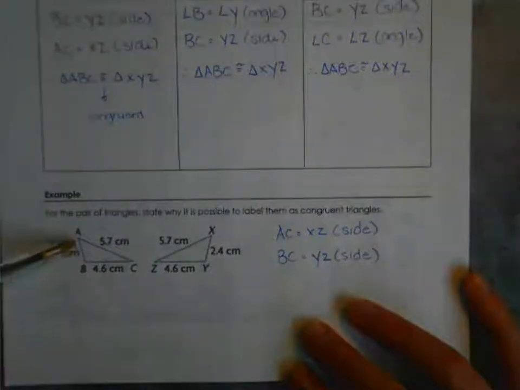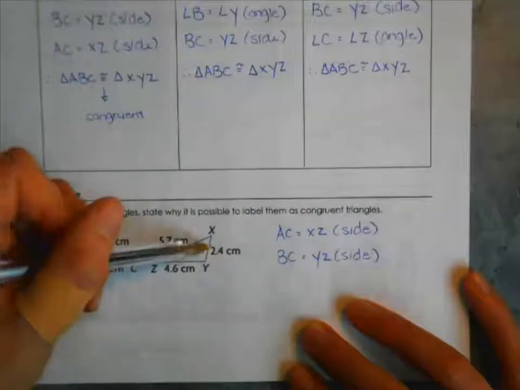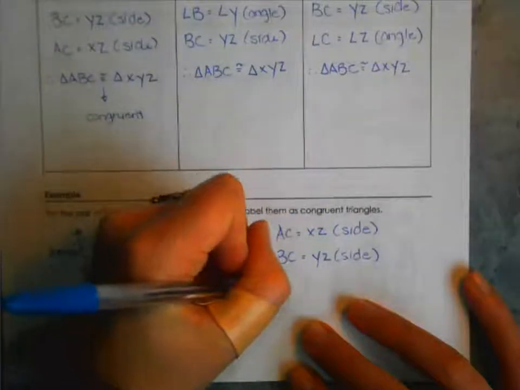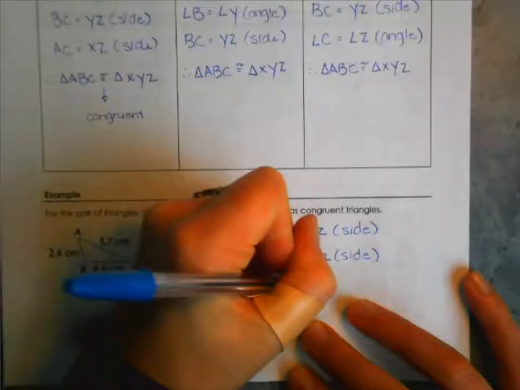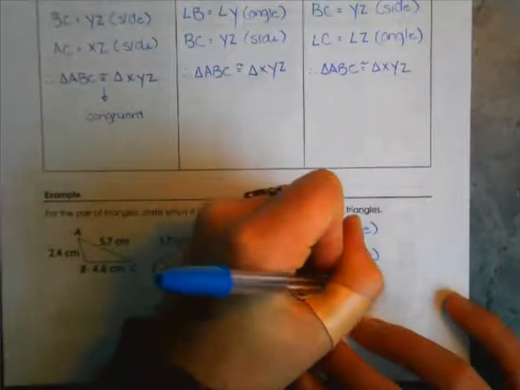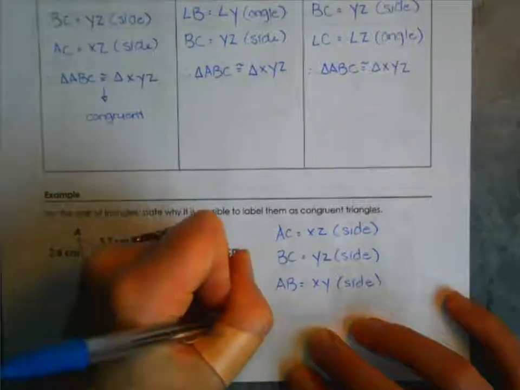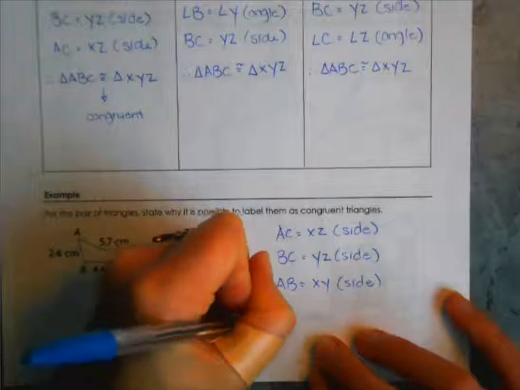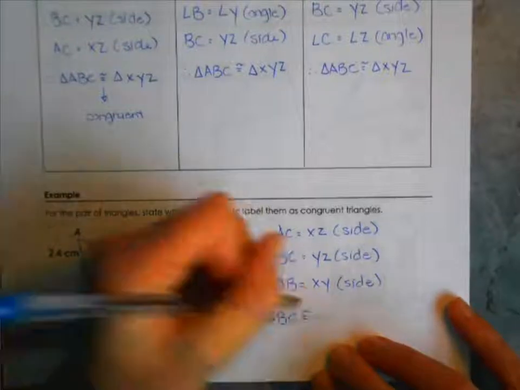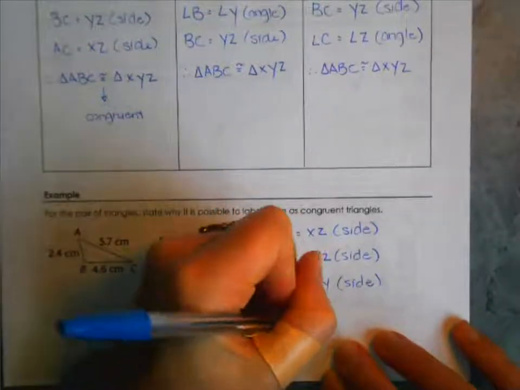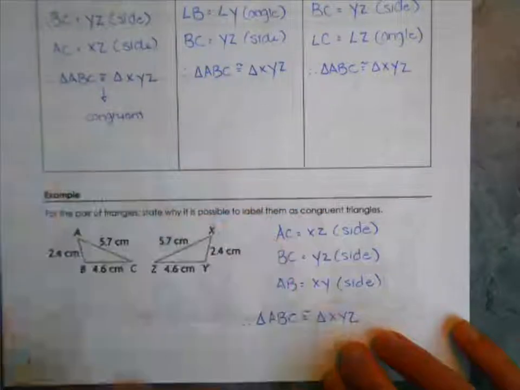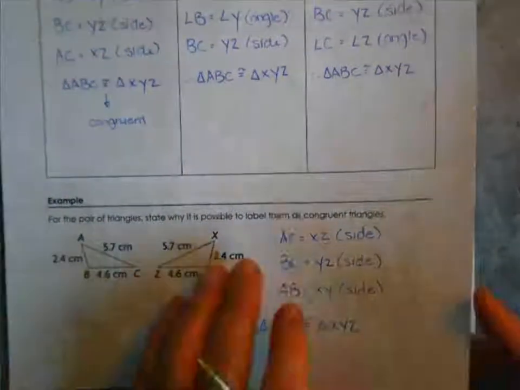And then we have AB is equal to XY. Also a side argument. And so we can say therefore triangle, they really like to use these same three letters, triangle ABC is congruent to triangle XYZ. Okay, so that was a really, really easy one, just to kind of get us started.